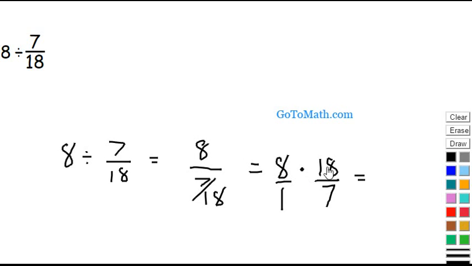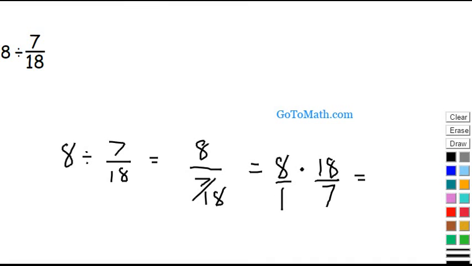Question is, what is 8 times 18? Well, we know that 8 times 10 is 80, then 8 times 8 is 64, and so then we have 80 plus 64. Of course, we all know what that is, right?